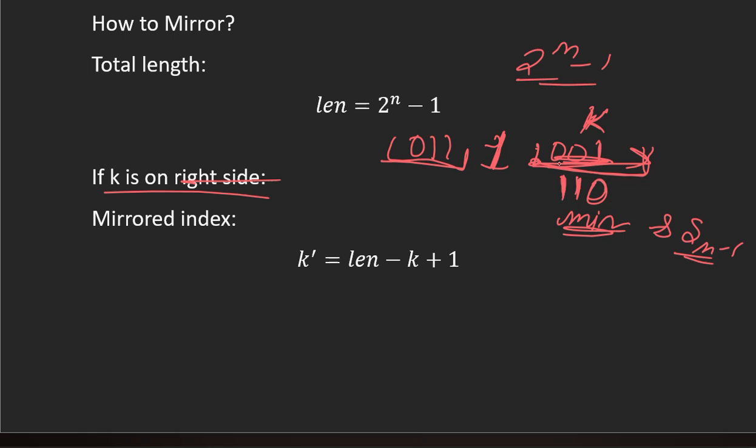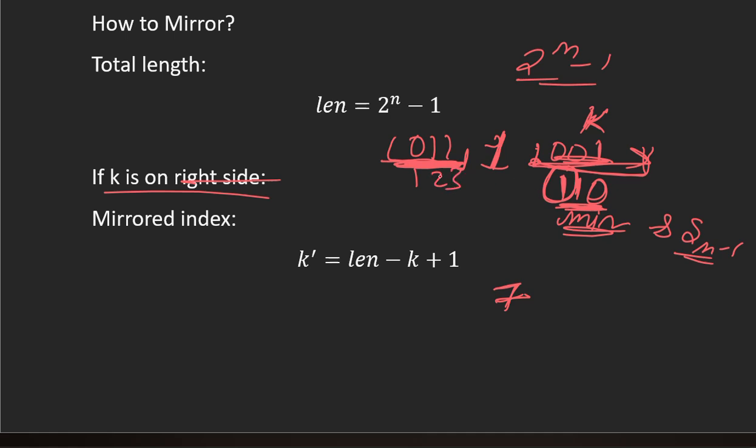So how do we find the new k? Here the total length is 7, and suppose we have to find the fifth bit, 1 2 3 4, this fifth bit. If you see, this fifth bit is the third bit in the previous string, here 1 2 and 3.